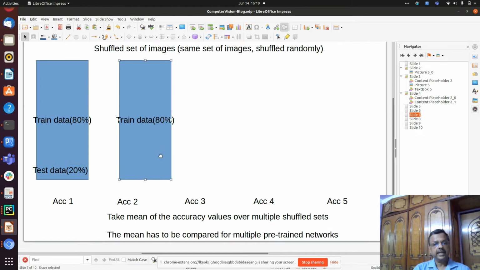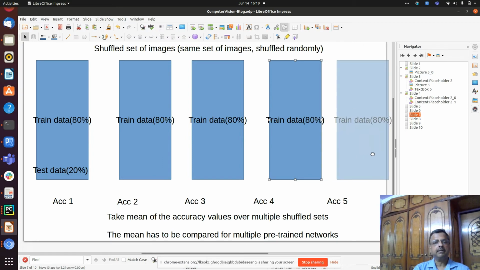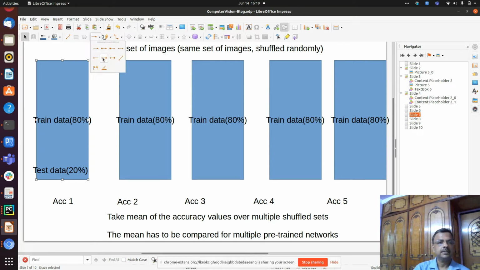So we can create, for example, 5 such shuffle sets, which means we shuffle the images at random and create the shuffled datasets.